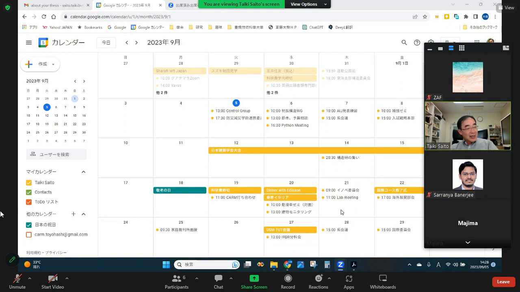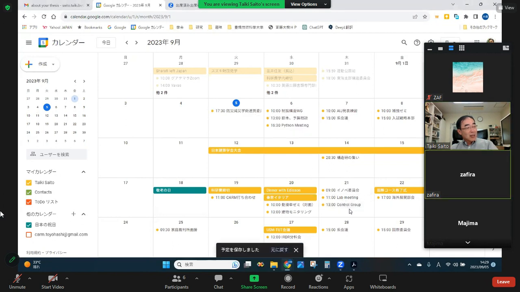Which one do you prefer? I'm fine with both, Sensei. In case of the 20th, I can do from 3 o'clock in the afternoon, or the 21st from maybe 1 o'clock. Okay, the 21st, 1 o'clock. Okay, Sensei.